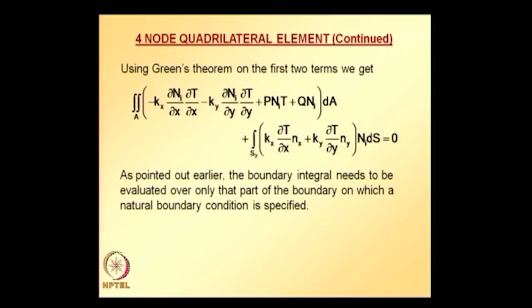S2 is the part of the boundary on which the natural boundary condition is specified, because on the part of the boundary on which the essential boundary condition is specified, we do not need to evaluate this integral, because it goes as a reaction term in the final equation system that we get. I gave you this explanation when we were looking at the 3 node linear triangular element.